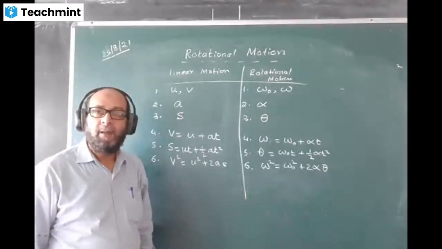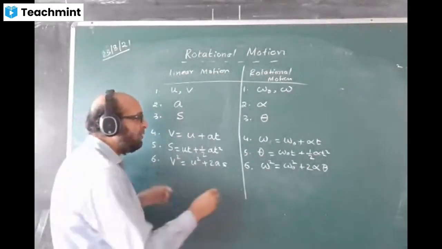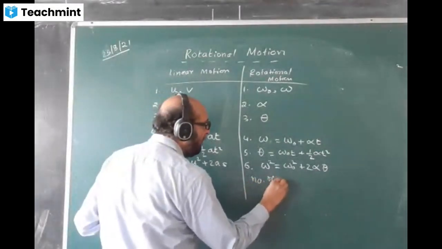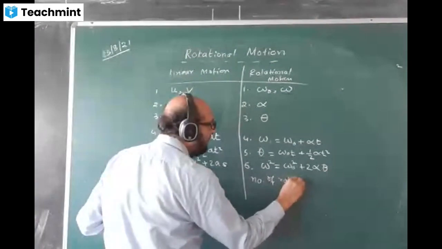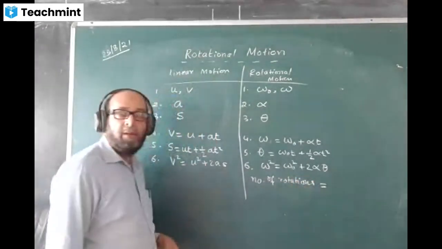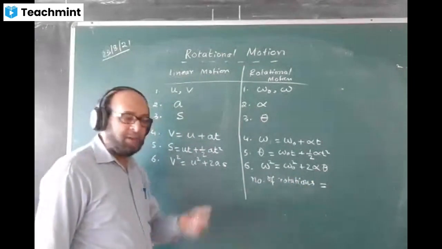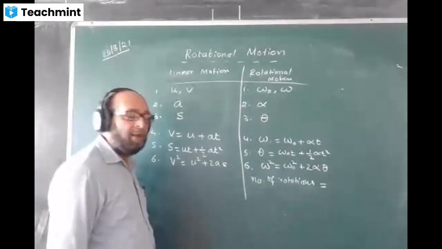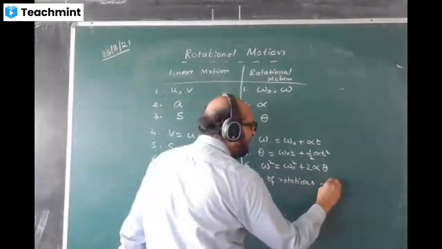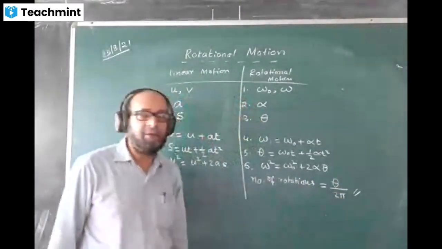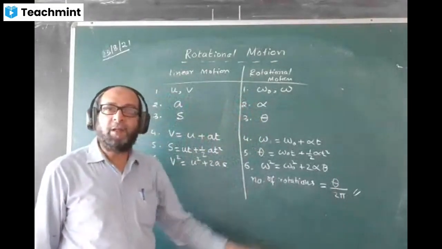The same logic. And here one extra thing, just write down the number of revolutions or number of rotations formula. To find the number of rotations, we write theta by 2 pi. This is the extra formula.